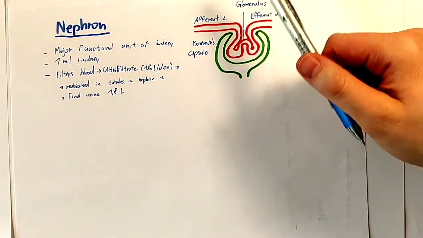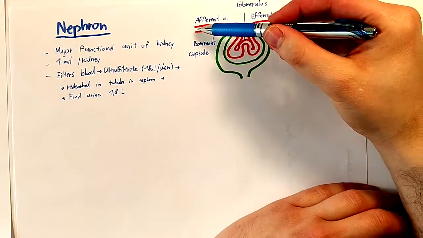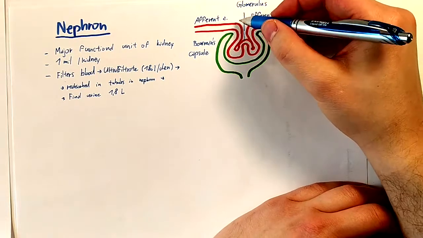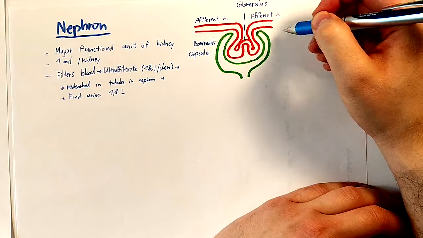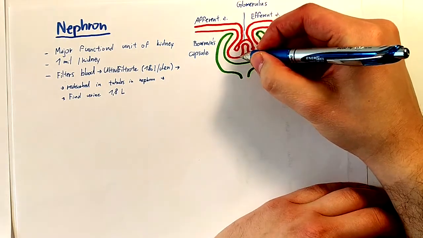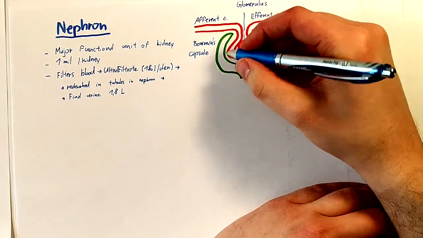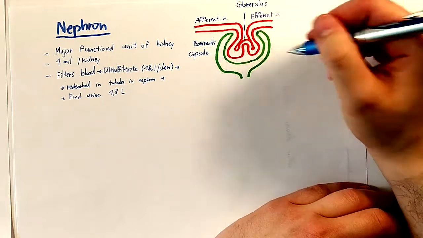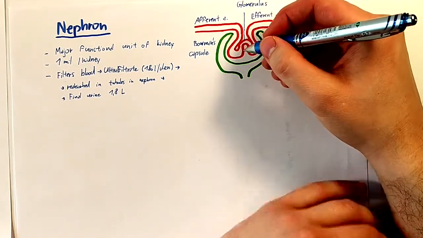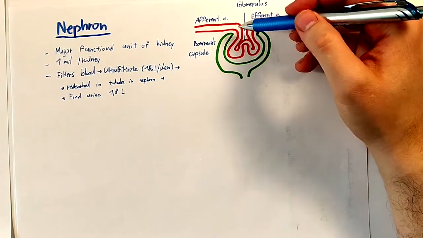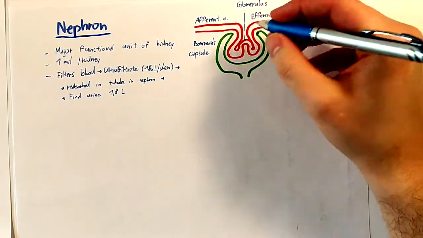You have the blood coming through the afferent arteriole that starts to branch into small capillaries that eventually form the glomerulus. The capillaries of the glomerulus are quite porous, and so the big chunk of the blood that enters the glomerulus will get filtered.